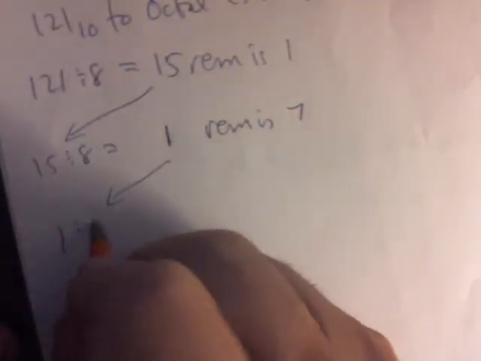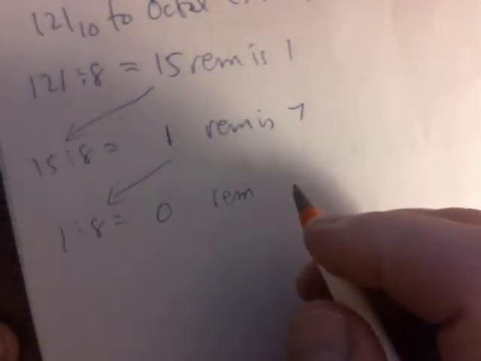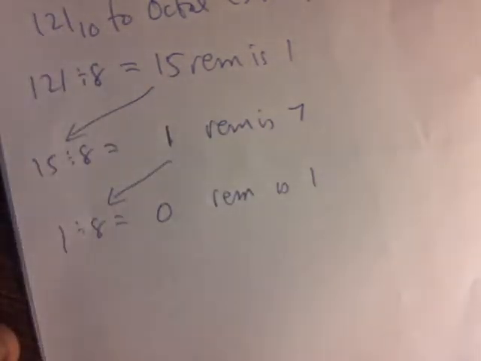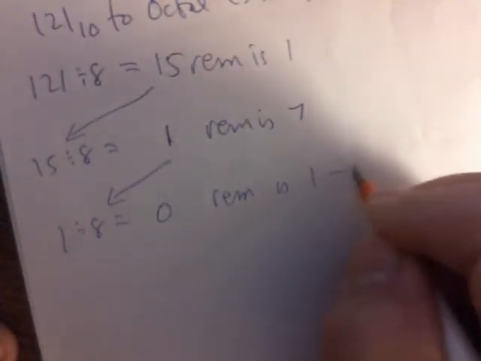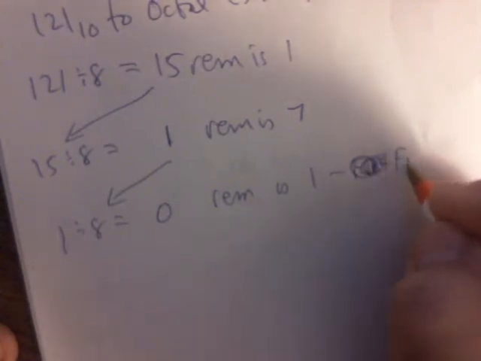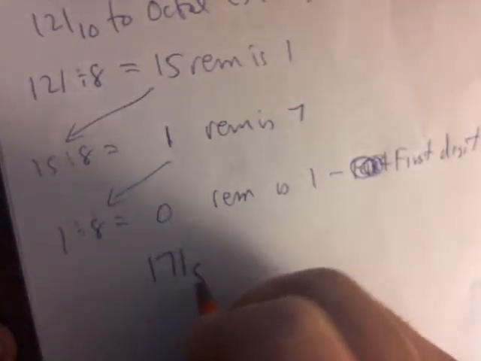One divided by 8 is none, and my remainder is 1. So again, first digit, last digit. So it's 171 base 8.